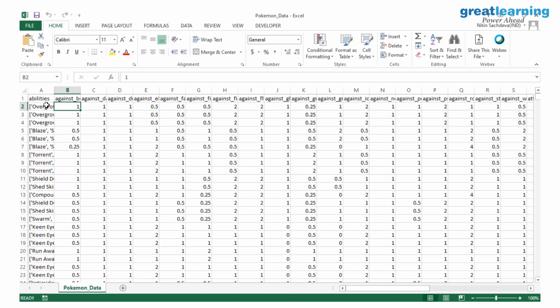So against bug, this particular Pokemon that we are characterizing has a score of 1, whereas against electric, its score is half, which means double here. It's much more capable here than here. It's a simple kind of rating that we are giving them.